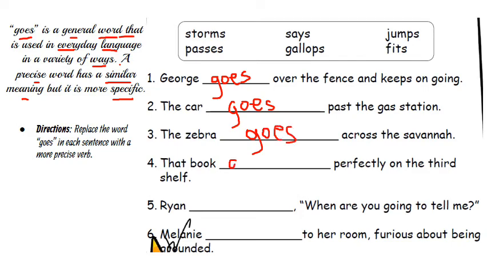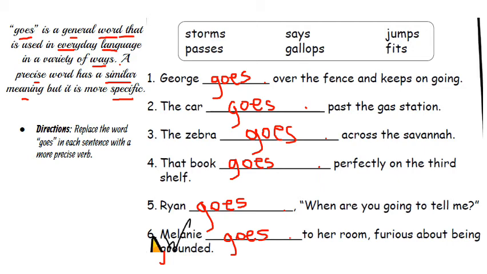The book goes perfectly on the third shelf. Ryan goes, like he says, when are you going to tell me? Melanie goes to her room, furious about being grounded. So as you can see, I can fill in these blanks with the word goes, and all of these sentences will make sense.